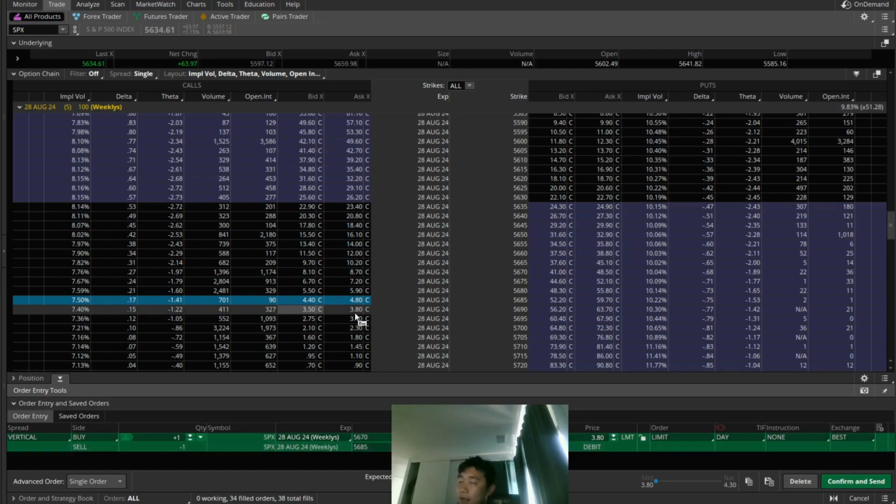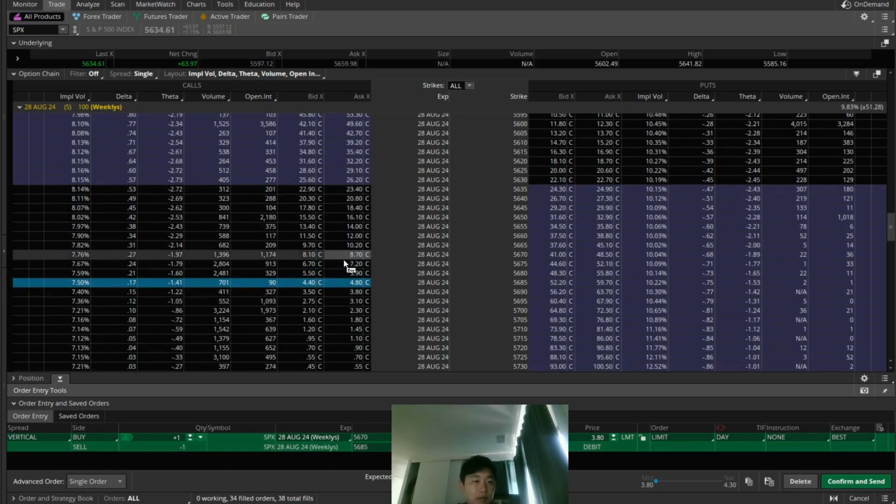So this is pretty amazing, and I can design my risk reward also. Right now I'm paying 3.8, which is $380 to get into this trade. The max gain on this trade is $1,500. So I'm getting almost a 4-to-1 risk reward on this particular trade if I'm right.